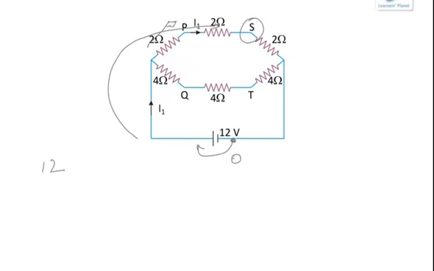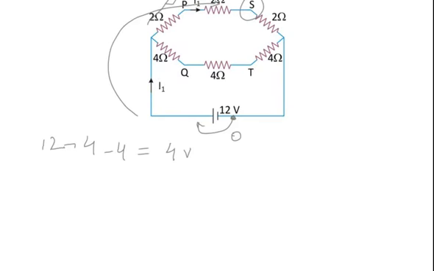Then across this there is a drop of how much? 2 into 2 is 4, and then again 2 into 2 is 4, by IR. So we will get this as 4 volts. So the absolute potential of point S is 4 volt.